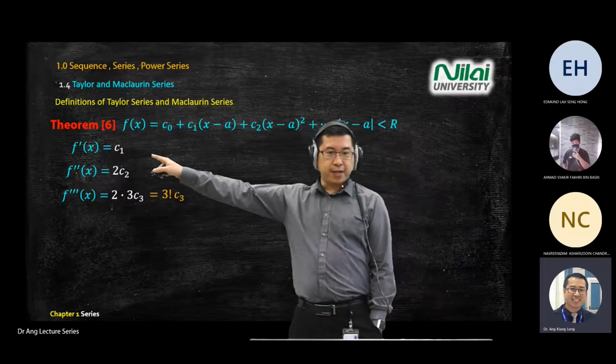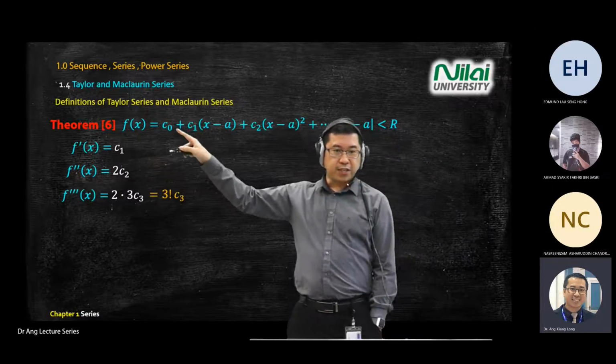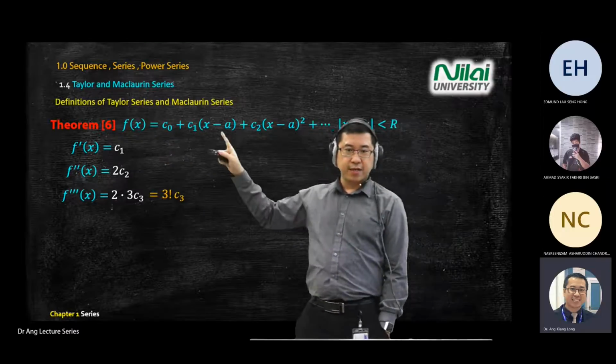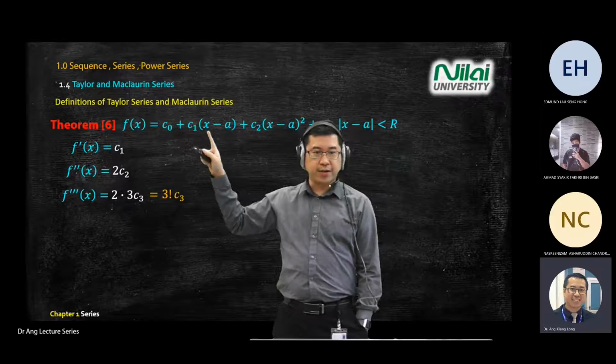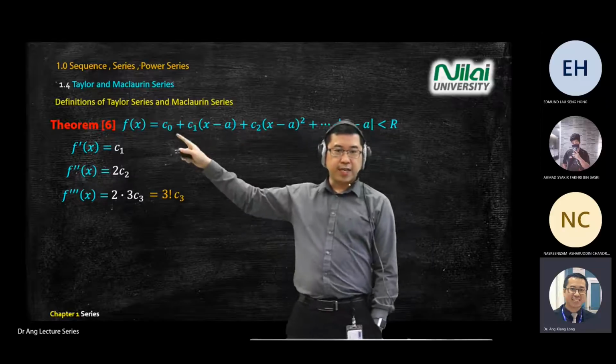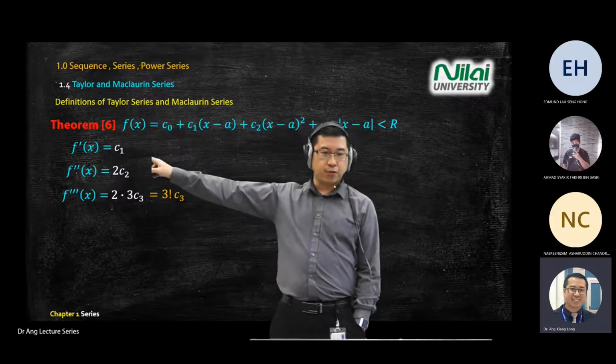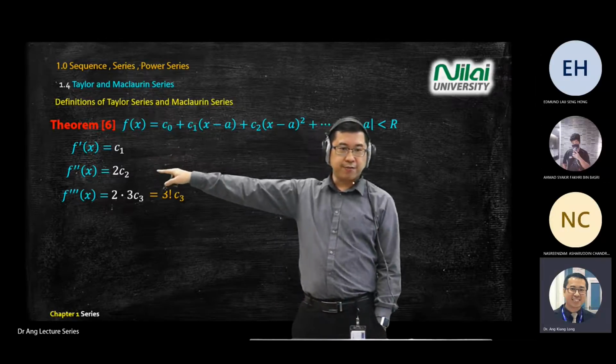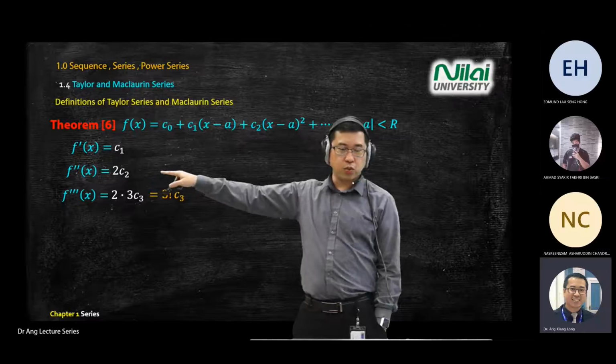Look at the pattern. The function is this one, but you replace x equal to a, you cancel this one. You only get C0. You differentiate 1 time, you get C1. Differentiate 2 times, you get 2C2.